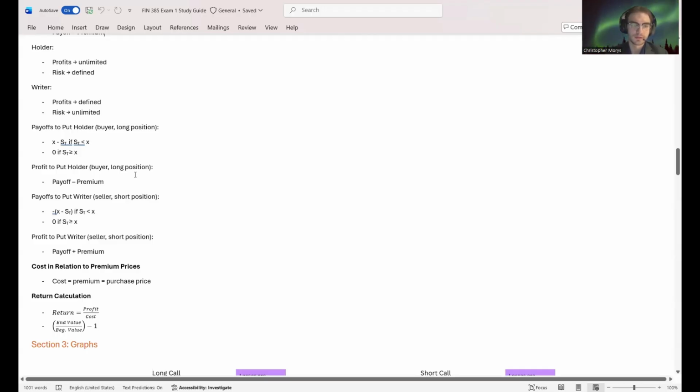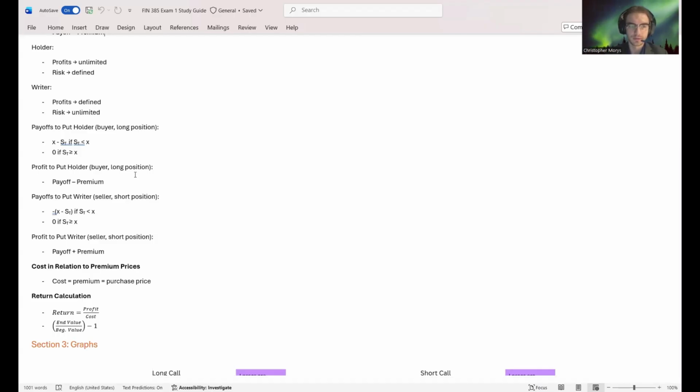Your profit as a buyer of a put is merely your payoff minus the premium that you pay. Something to keep in mind: if you're in the long position, you're always going to be paying a premium to the short position. That's just how these contracts work.